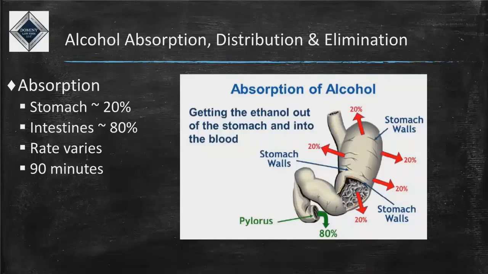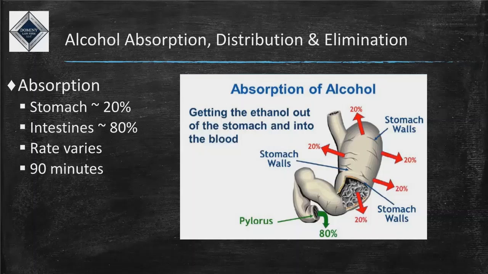So how is it absorbed and distributed and eliminated? Well, when it comes to absorption, about 20% of alcohol is absorbed through the linings of the stomach into the bloodstream, and approximately 80% is absorbed through the lining of the small intestines into the bloodstream.